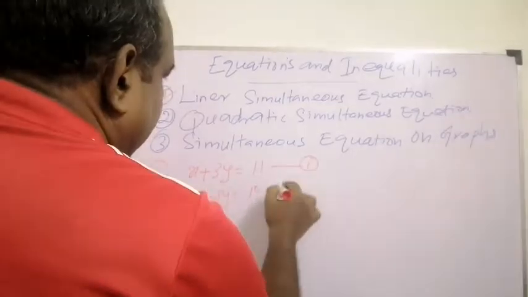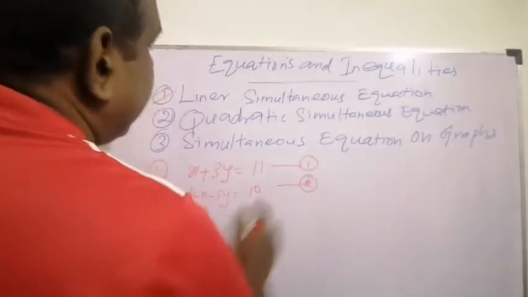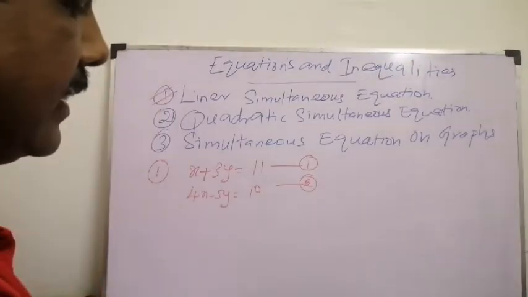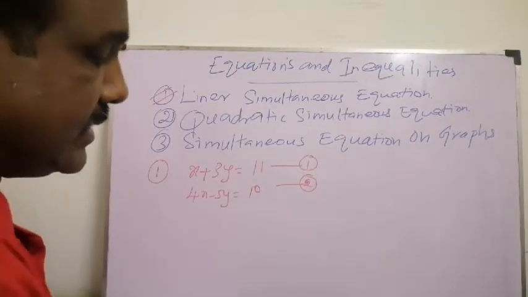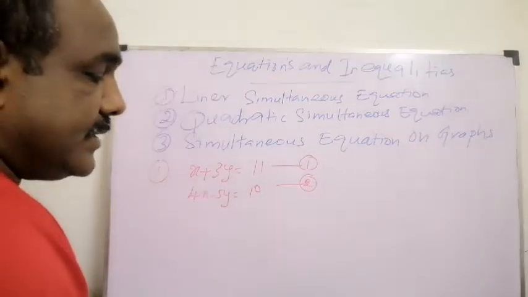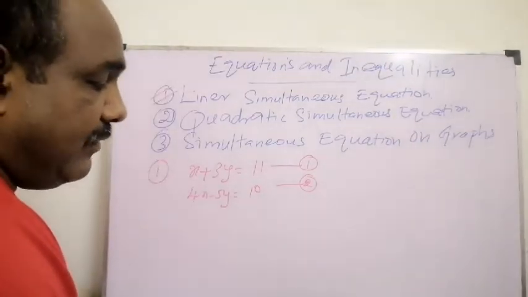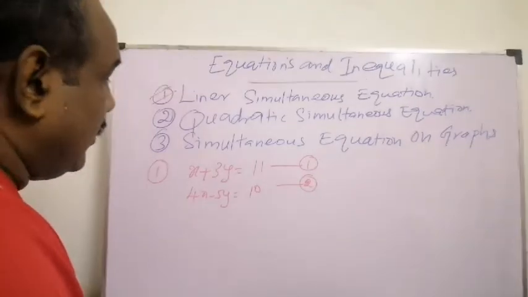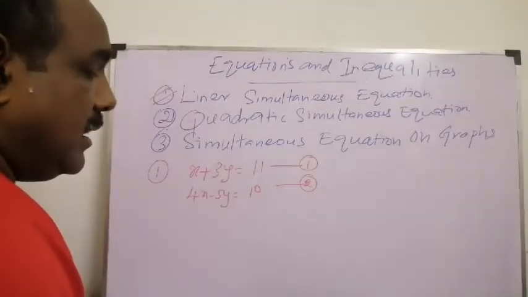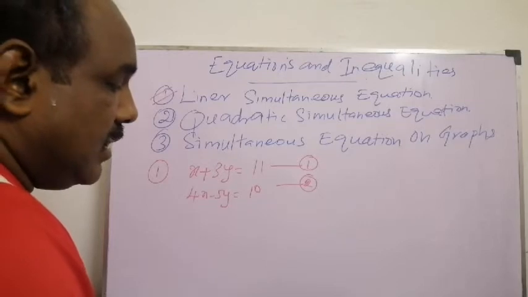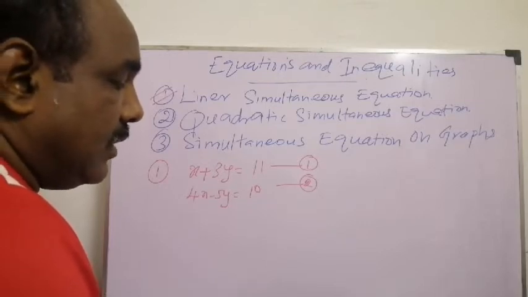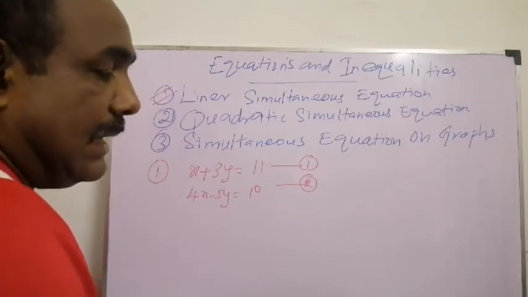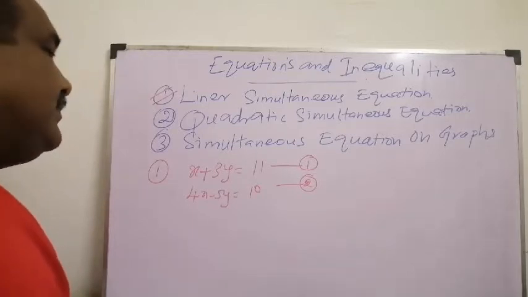First thing, we know that we have to name them. Then by looking at this, which way is suitable, or what way you are going to solve this equation, is something you always have to think about.